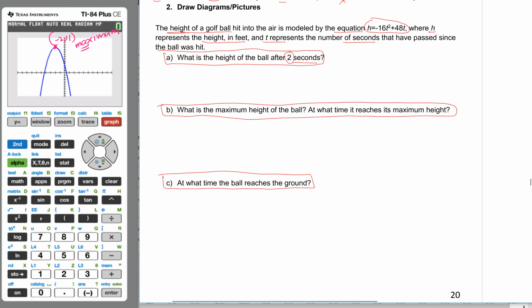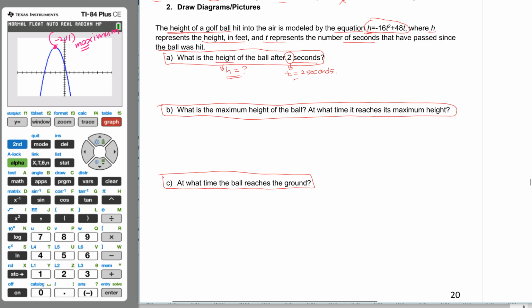So you're asked to find the height, so it's asking for h, when the time t is equal to 2 seconds. It looks to me that this is a simple plug in the equation, because you are given the equation here, h, and you are given the time.